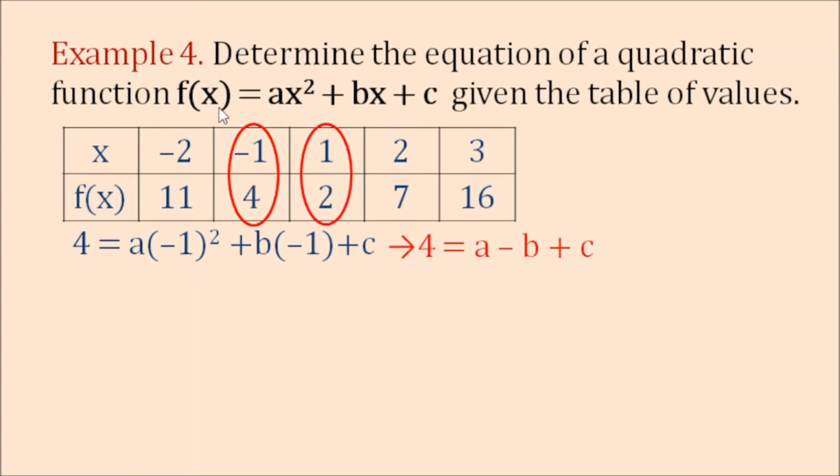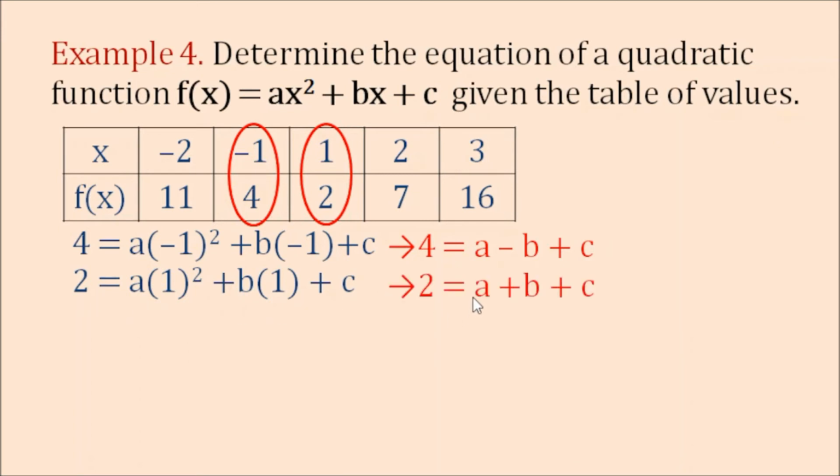So this means f of x is 2 equals a times 1 squared plus b times 1 plus c. And simplifying this, we will get 2 equals a plus b plus c.